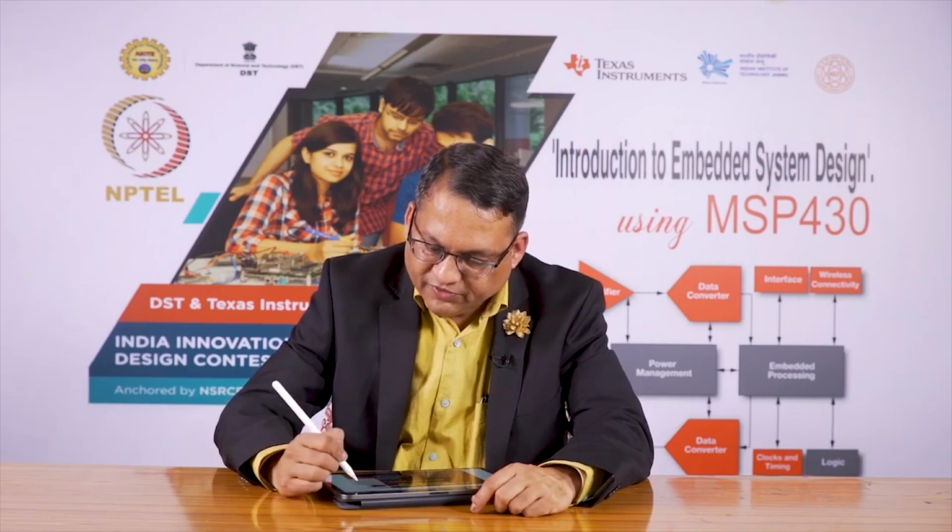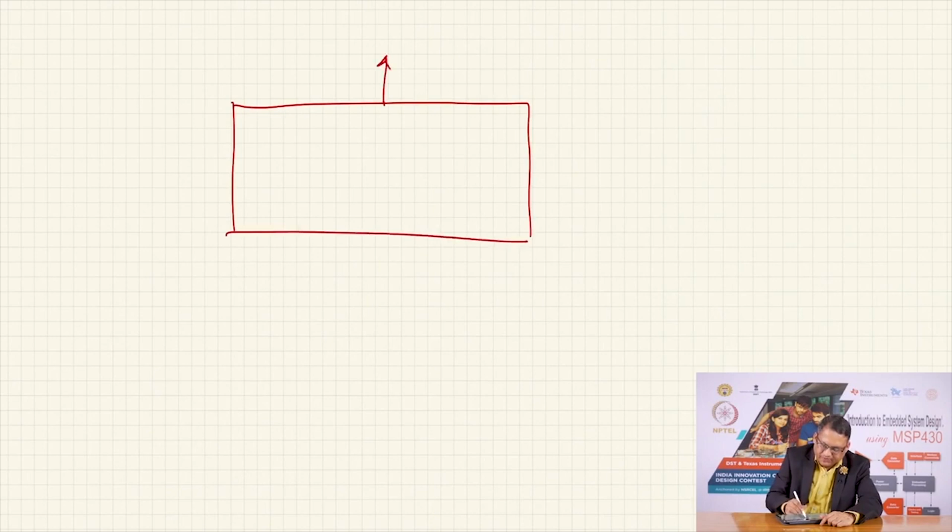The basic building block in a counter timer is actually a counter. Now, what is a counter? If I show you an n bit counter, typically you will have n bits going out, and you would have a clock input.